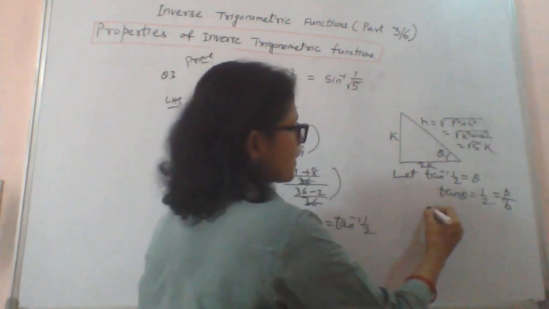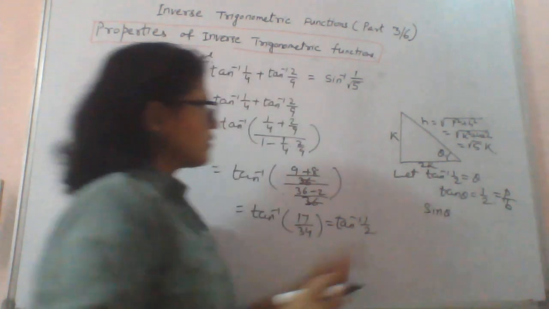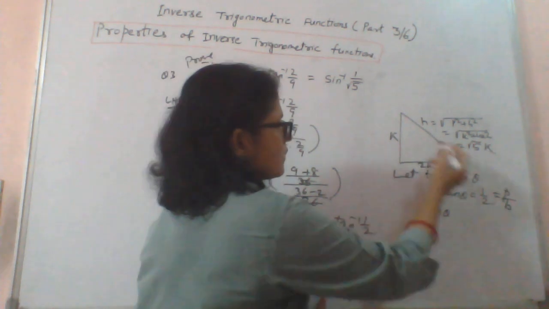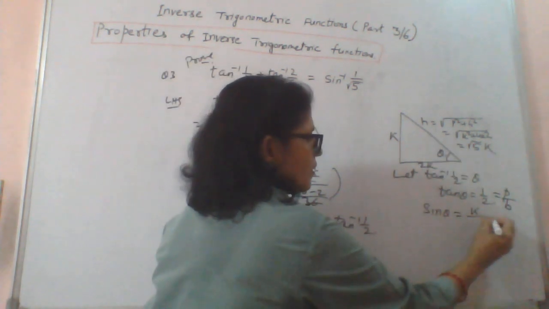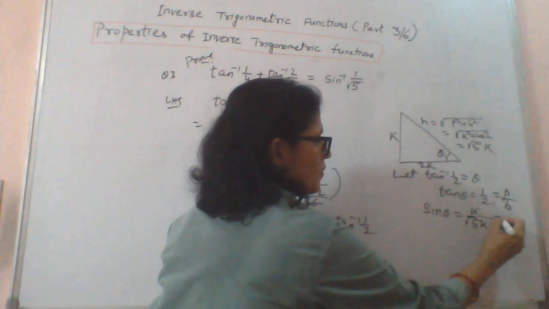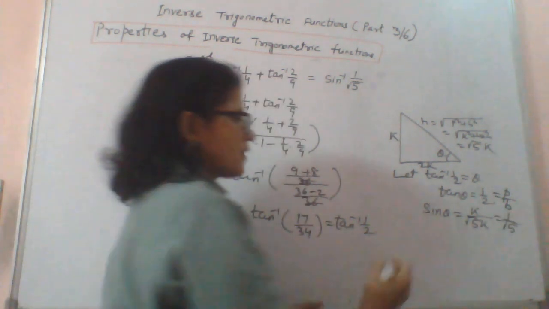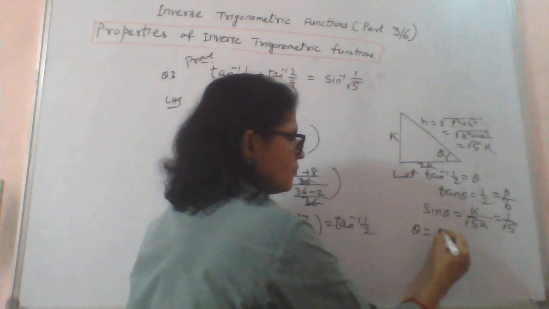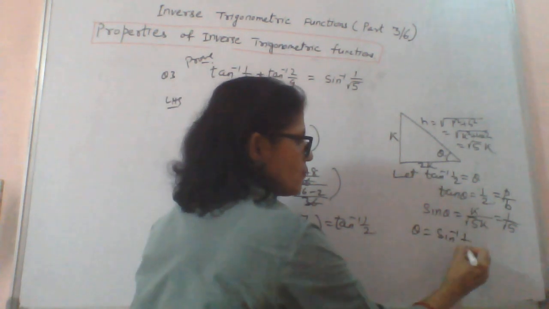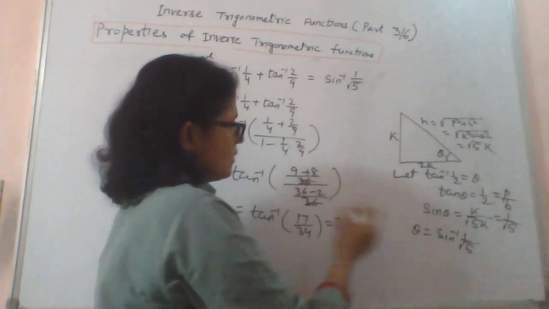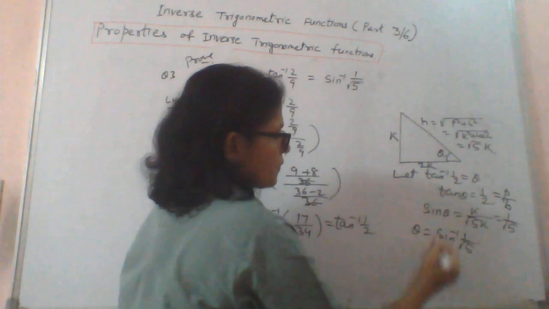Okay. Now sin theta equals what? Because we need the answer in sin. Sin theta is P by H, K by root 5K, means 1 by root 5. Okay, that is your sin theta. Theta equals sin inverse 1 by root 5. Now theta means we have taken this one.